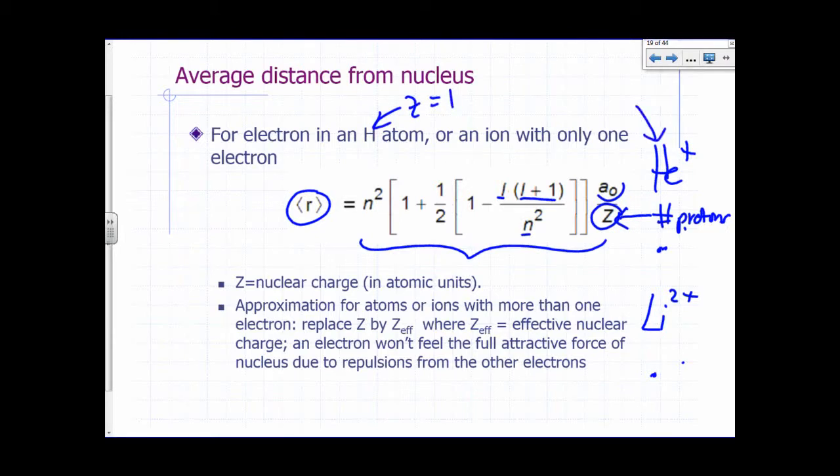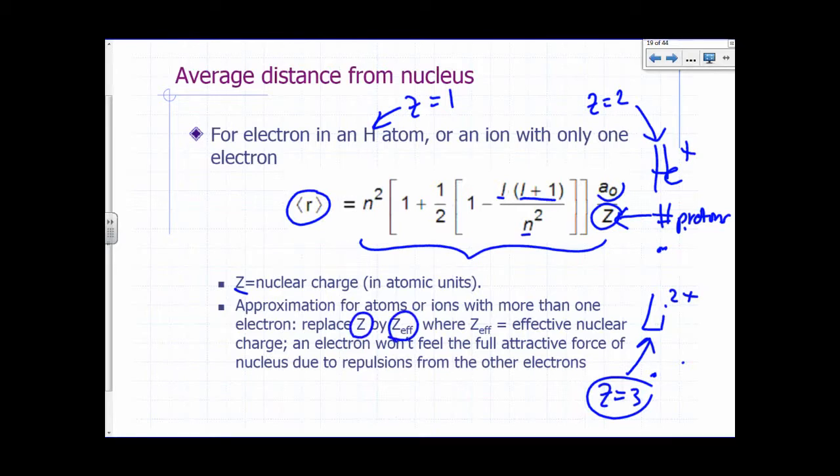For helium with a +1 charge, Z equals 2. For lithium, Z would be equal to 3. There are 3 protons in an atom of lithium. So Z is the nuclear charge in atomic units. That's also the number of protons, the atomic number. Now, if we're dealing with atoms with more than 1 electron, it's a little bit more complicated, but we can make an approximation by replacing Z with what we call an effective nuclear charge.